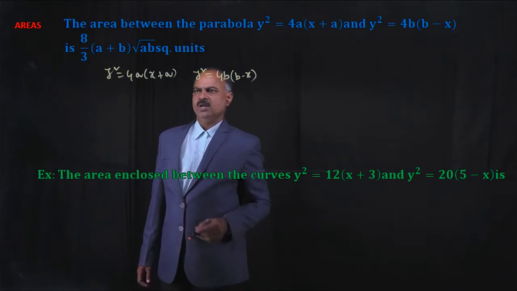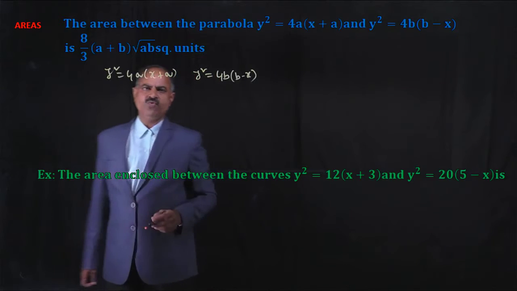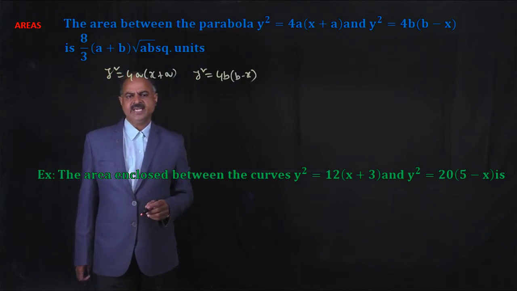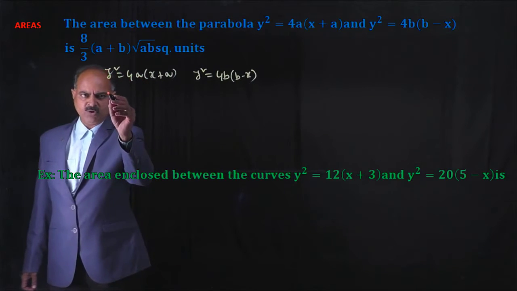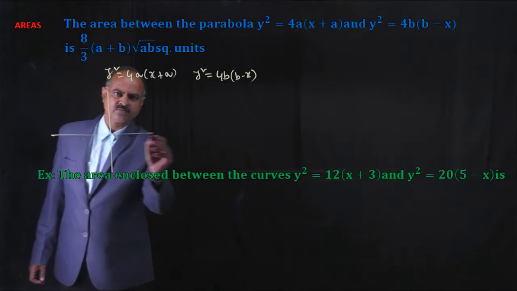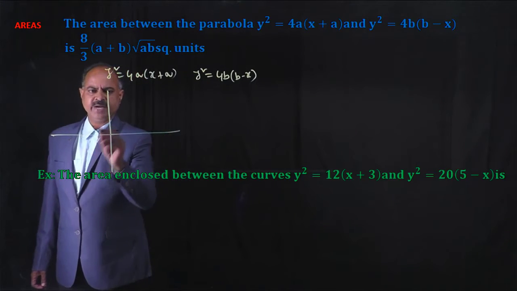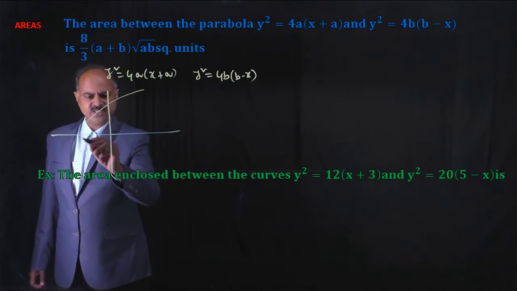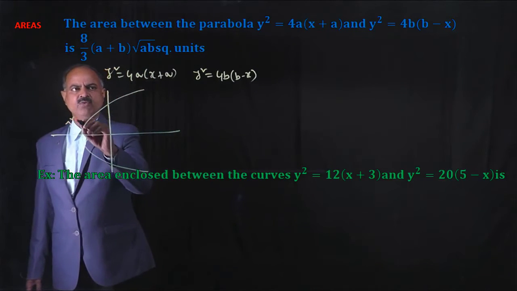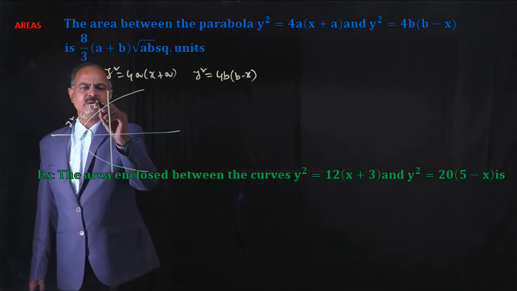Now here y^2 = 4a(x + a), the vertex is (-a, 0). So this parabola has vertex (-a, 0). This is the parabola y^2 = 4a(x + a).